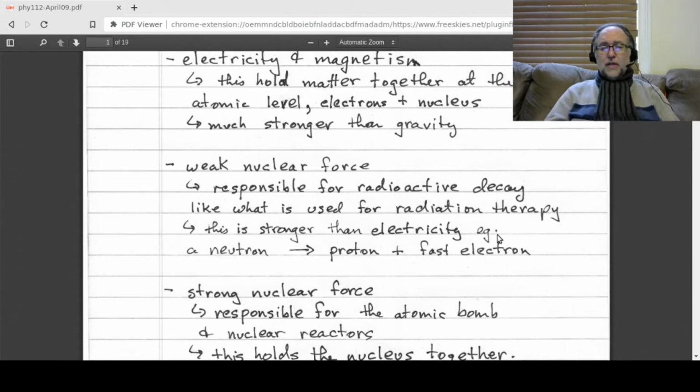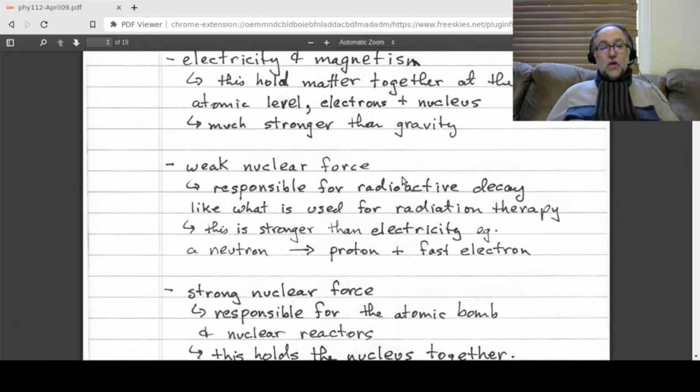And it's responsible for things like the radioactive decay that occurs in materials where, for instance in radiation therapy, some radioactive material will emit fast traveling electrons known as beta particles, or fast traveling helium nuclei known as alpha particles, or else it'll emit gamma rays. Okay, and so this kind of force is basically due to the weak nuclear force.